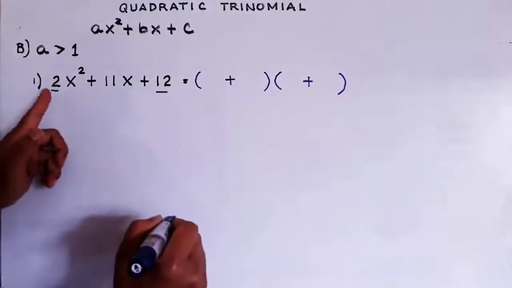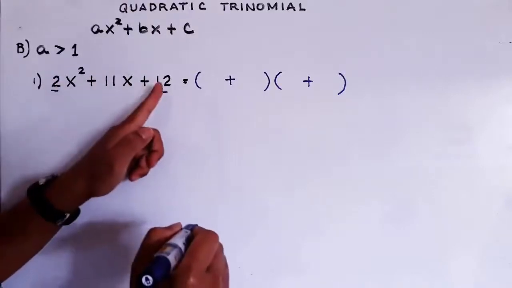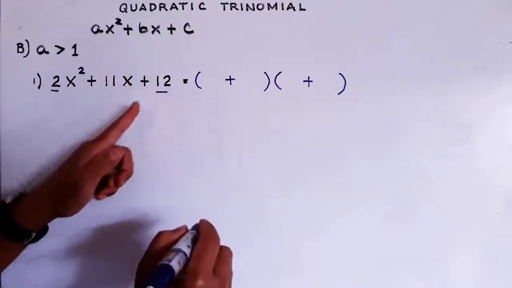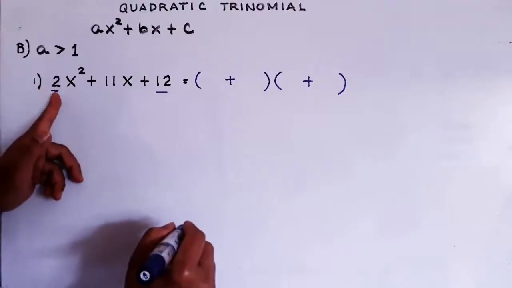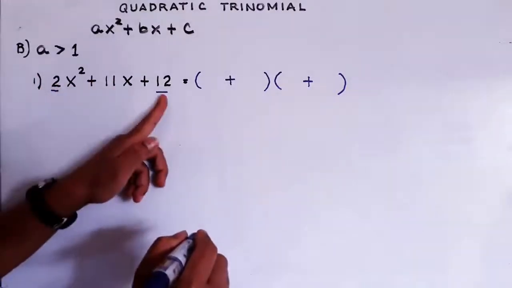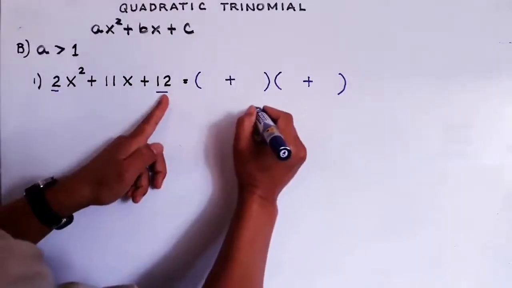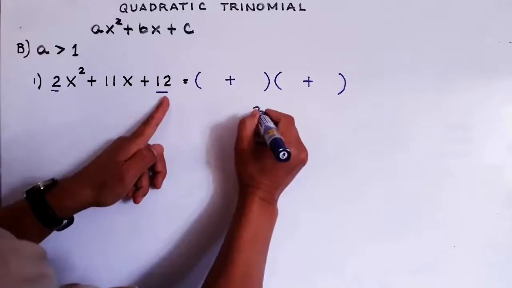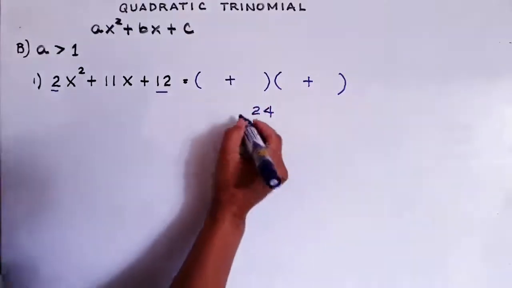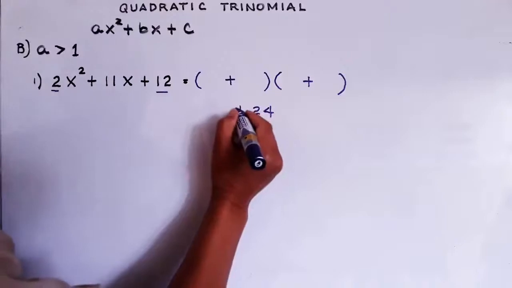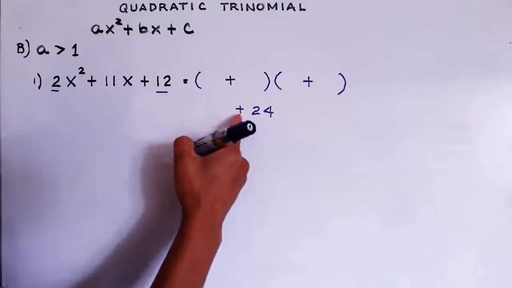We multiply them. Instead of factors of 12 only, we will get the factors of the product of the numerical coefficient of the first term and the constant. So here we have 2 times 12 is 24, and that one is positive because that one is positive and that one is positive.